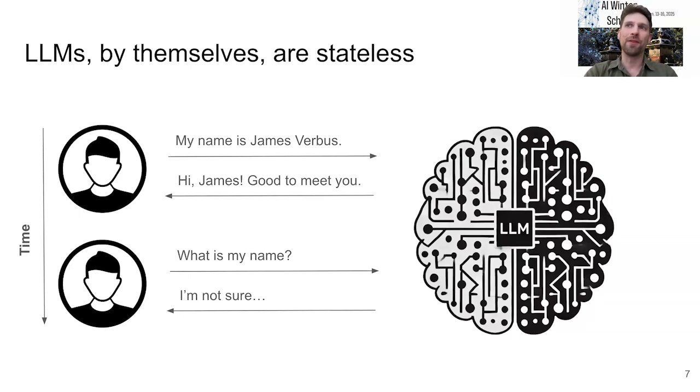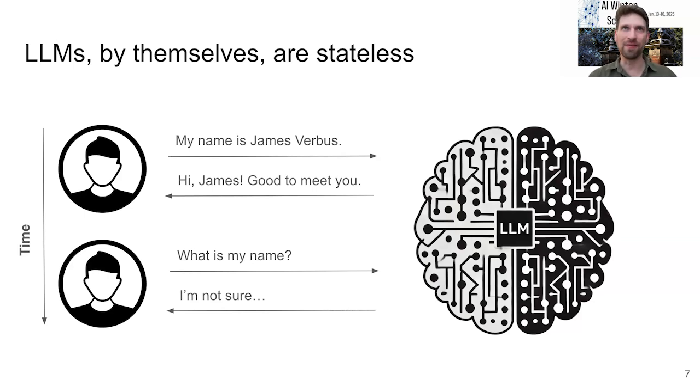However, if you just have the model bundle, it doesn't remember one query to the next and what the history has been. So in this example, let's say there are two queries, and time is going down along the y-axis here.